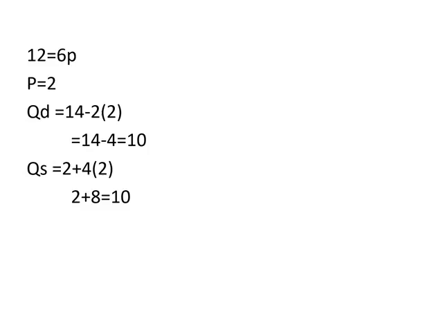It means the desire of demanders equals the same desire of suppliers. It's the point where the intersection happens between QD and QS. So it's the intersection point. It means QD equals QS.